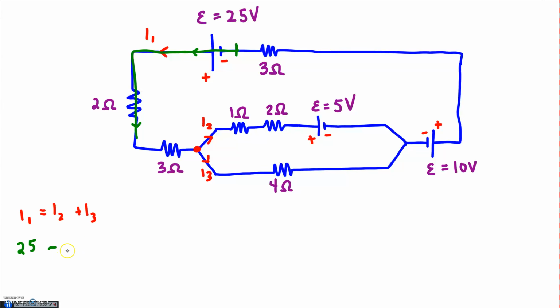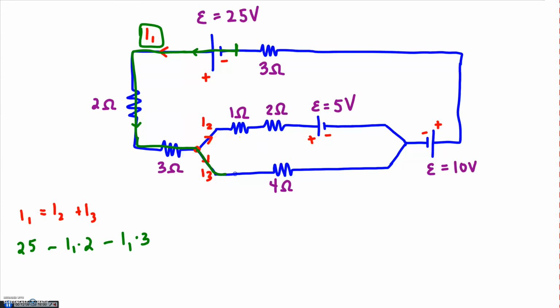So I lost potential difference, but V equals I times R. And the current we're dealing with is I1. We go through this 3 ohm resistor. We lose again potential difference. Resistors dissipate potential difference. And V equals I times R. We're still dealing with I1.